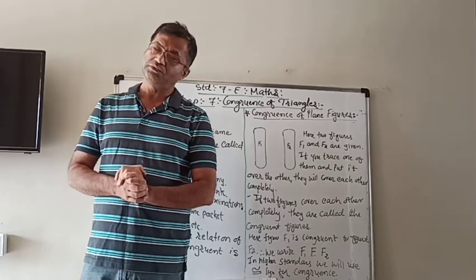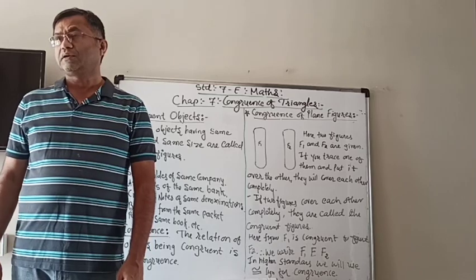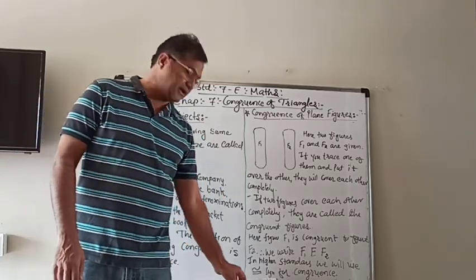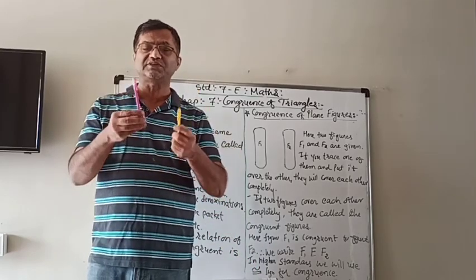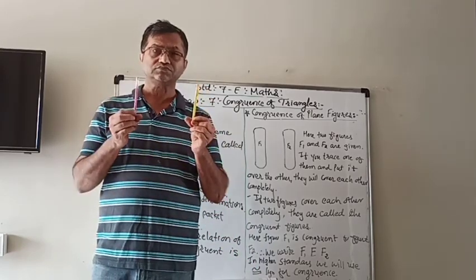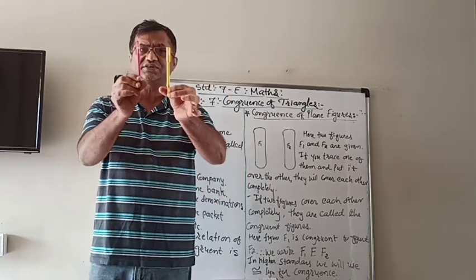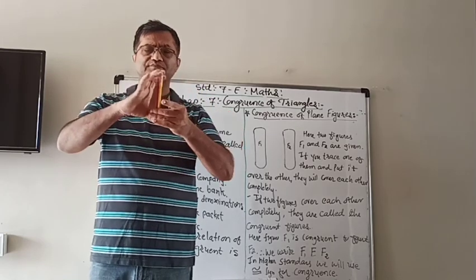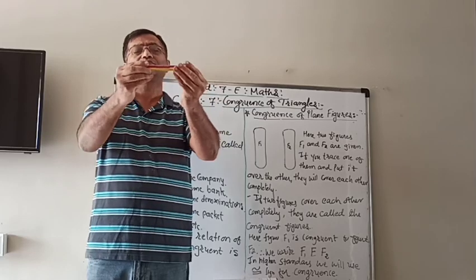Similarly, I told you about the stamps. Let us understand with other examples. I have just two pens of the same company. Color is different, but color doesn't matter. Look at the shape and size, which are the same. No one is longer than the other.